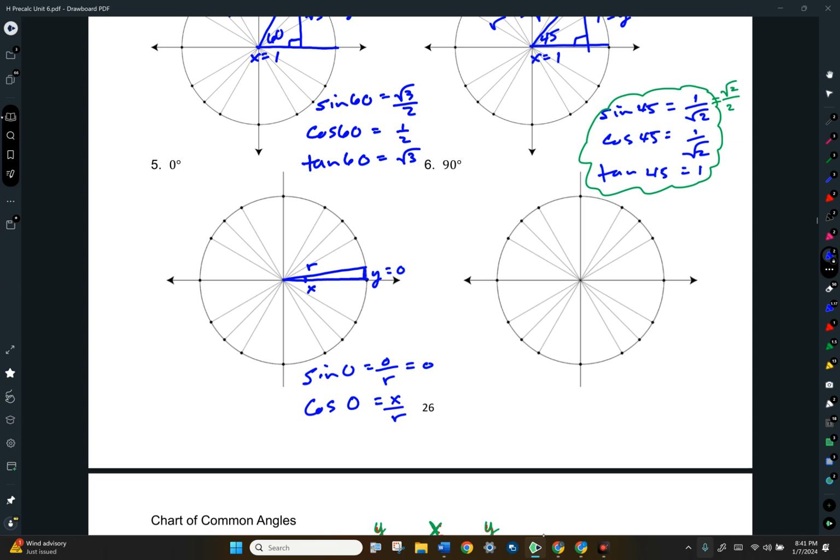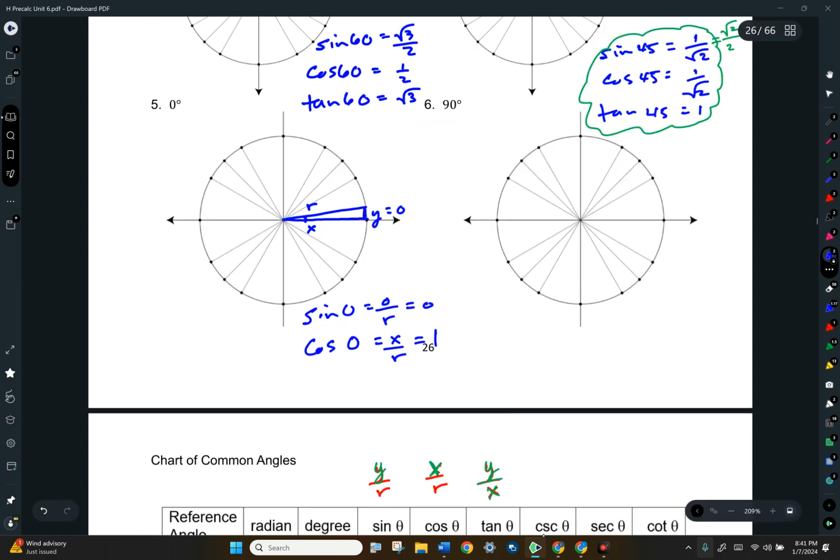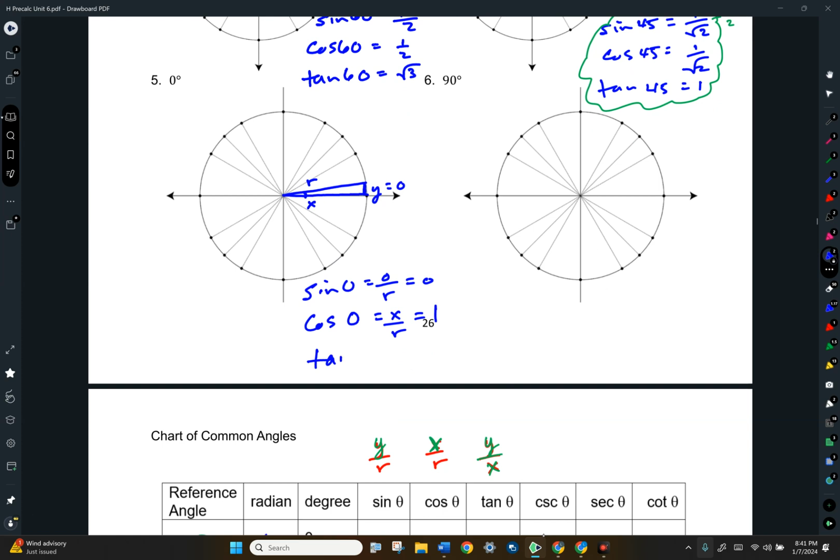But think about this. If in this triangle the y is 0, if the r is on top of the x, aren't x and r the exact same thing? And if they're the exact same thing, wouldn't this equal 1? And then the tangent of 0 would be y over x. So 0 over x, which is still 0.